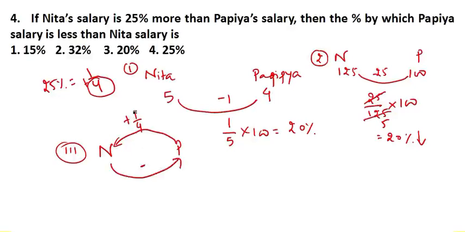I have already told you this type of method: the upper number will remain as it is, and in the lower number, if there is a plus sign, just add it. It is 1 by 5. If you take the percentage of 1 by 5, you get 20%, and here it is negative, so it means it is less. Hope this is clear.